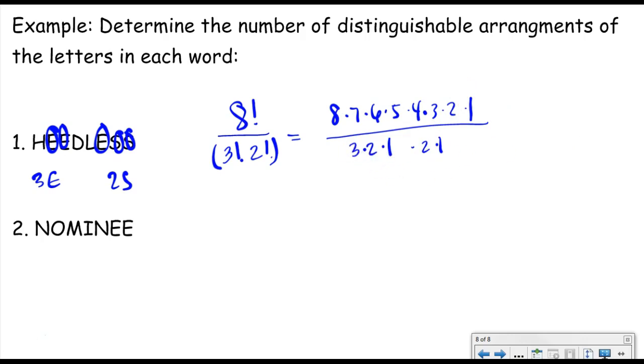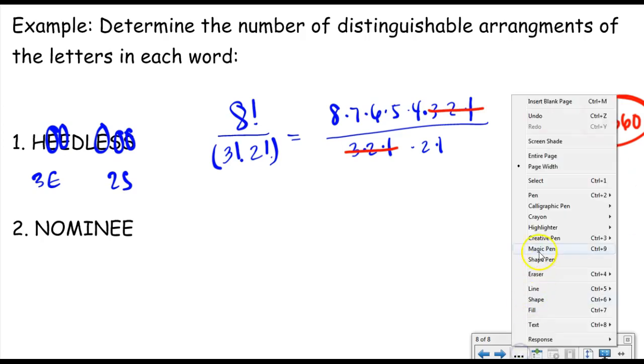I notice that I have a 3, 2, 1 here and a 3, 2, 1 here. Cross those out. So now I just have 8 times 7 times 6 times 5 times 4 on top. And I get 6,720. And I'm dividing that by 2. So there are 3,360 ways.